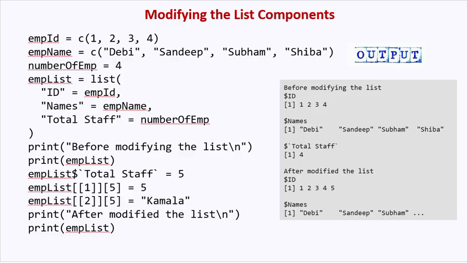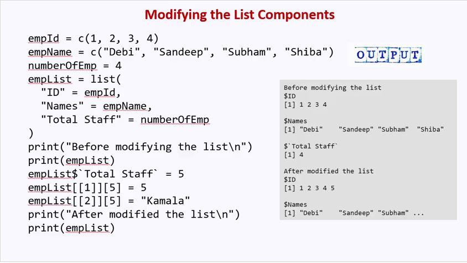You can see we just printed the actual details existing before adding the employee. We printed the employee list by print EMP list. It will completely print whatever we created inside this list function.